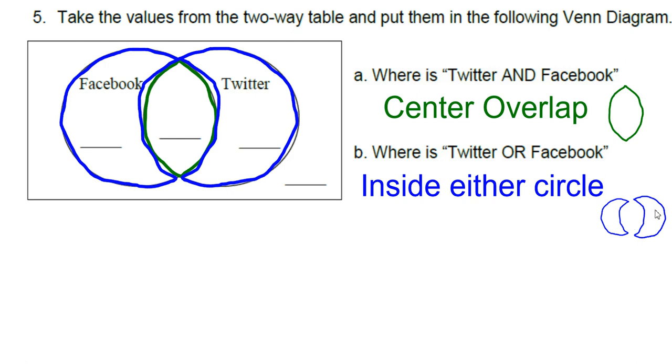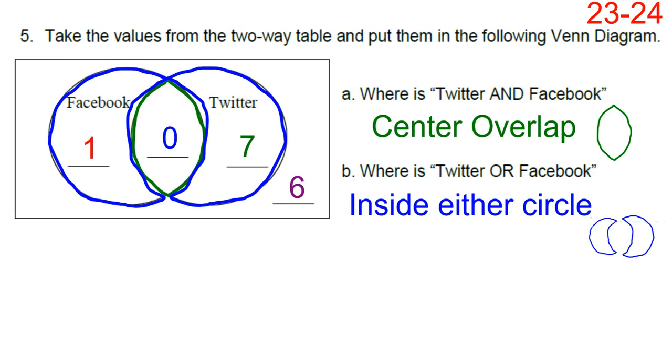So what I should be able to do is take the pieces from the two-way table and place them correctly in my diagram. So my solely Facebook user, not including Twitter, would go here. My solely Twitter user, not including Facebook, is going to go here. And the outside would be anything that doesn't fit Twitter or Facebook. So we had a single Facebook user that did not use Twitter.